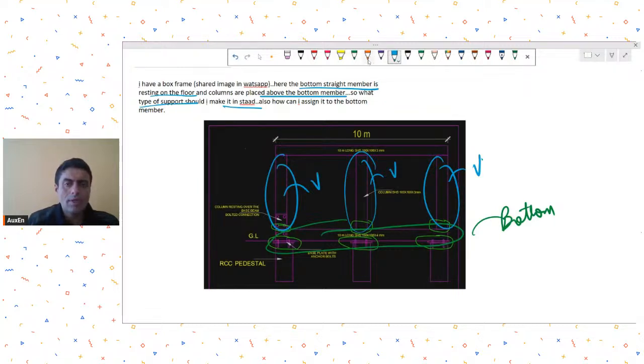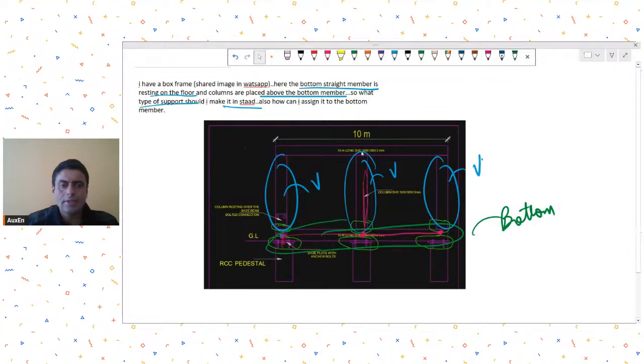So one way to do this could be, let's say, I'm just thinking how you could approach. One way could be that you model and then take these and then have small support like this.